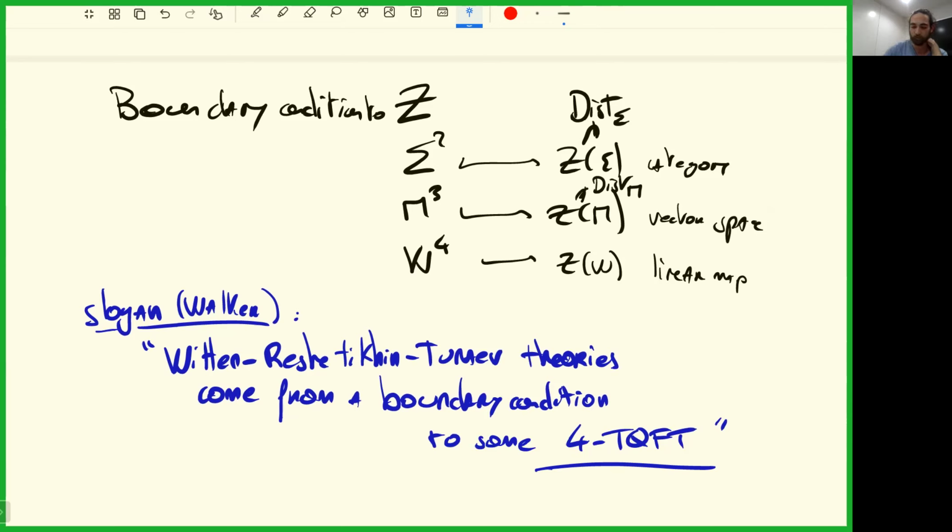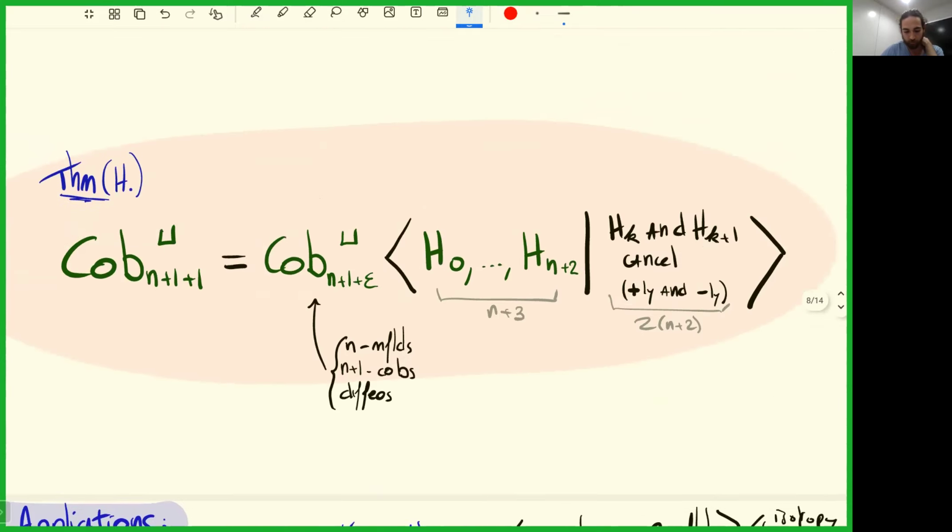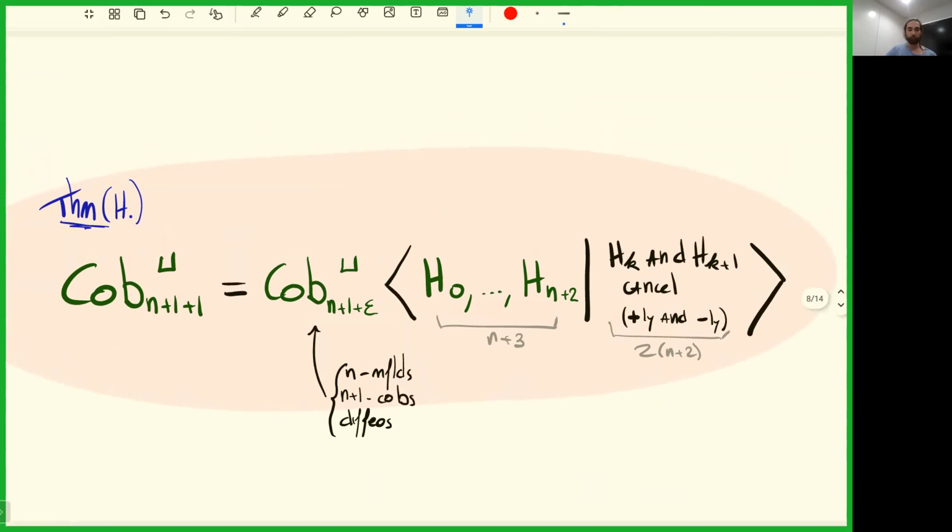So in this setting, a corollary of this result I didn't mention is that if you have two once extended theories that agree on the n+1 dimensional part and also agree just on the zero handle, then they agree completely.